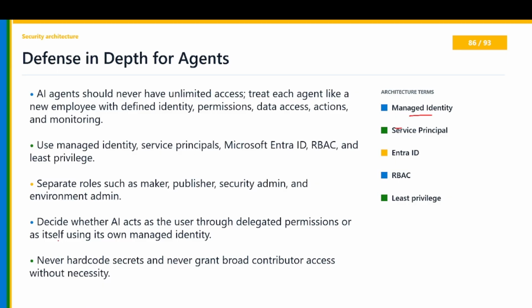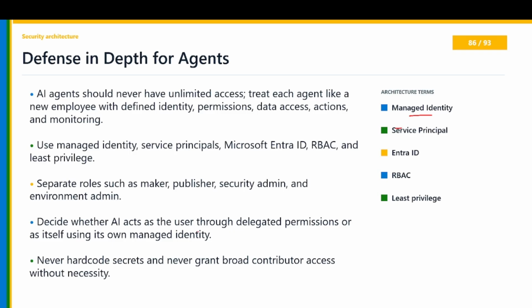Okay, so the next point is decide whether AI acts as the user through delegated permission or as itself using its own managed identity. So is AI acting as the user through delegated permission or acting as itself through managed identity?